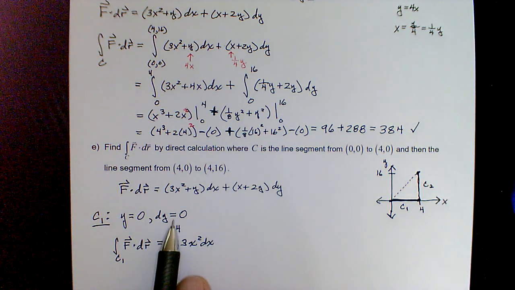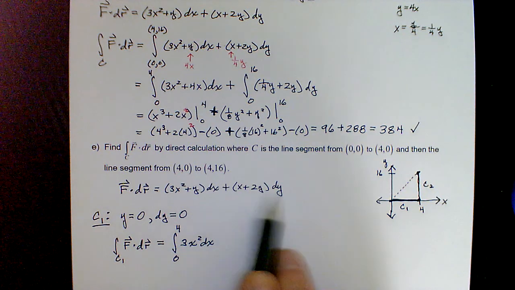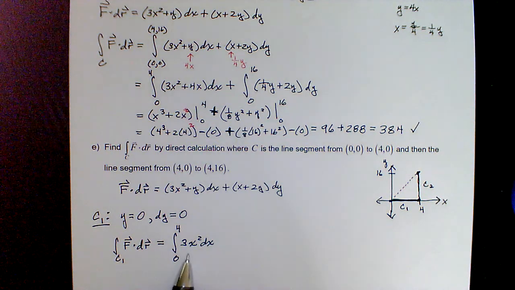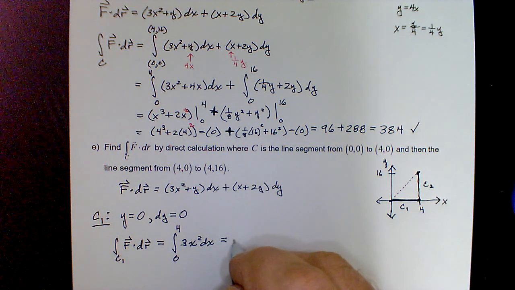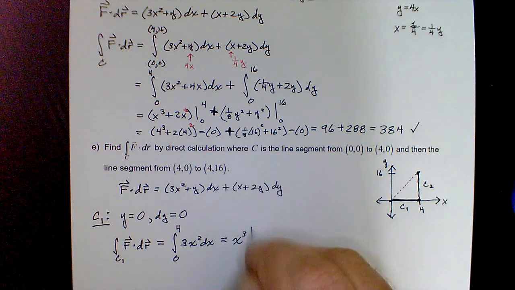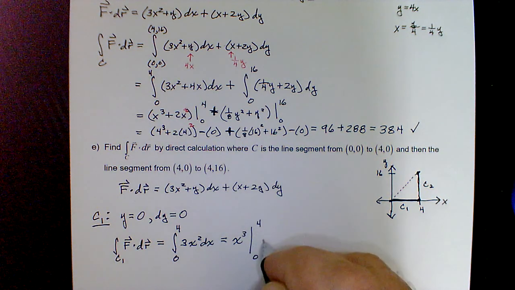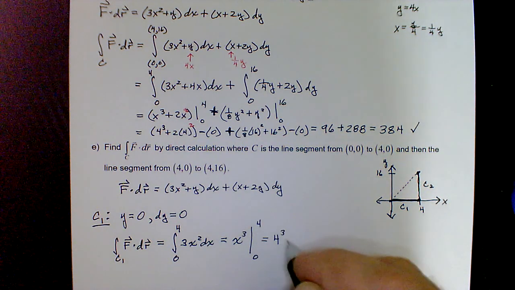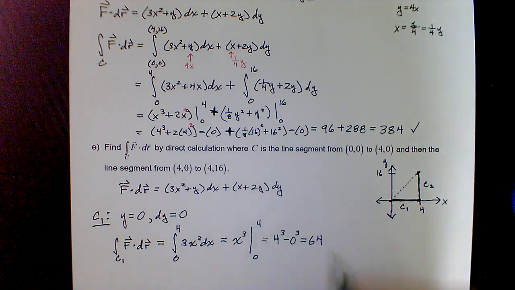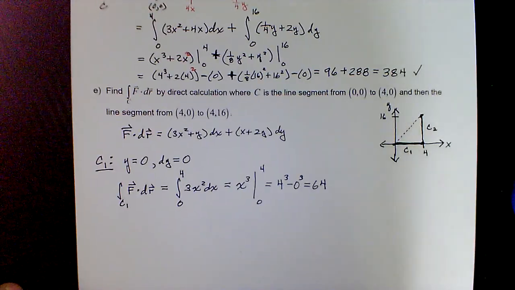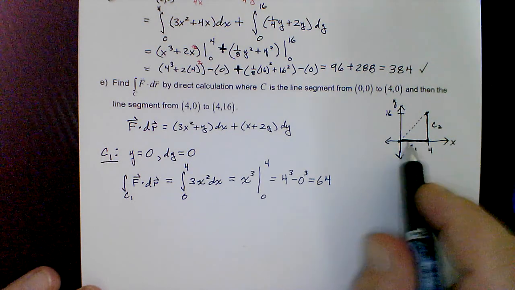And notice that dy is 0, so this term drops out. So that's all we have for that. Integrating, we get 3x cubed over 3, or x cubed, evaluated from 0 to 4, and that's 4 cubed minus 0 cubed, so 64. So that's the work done along C1.